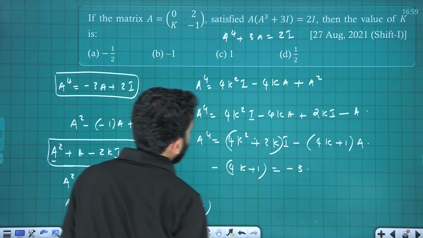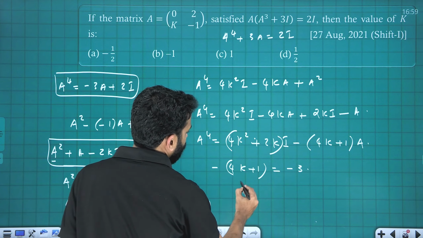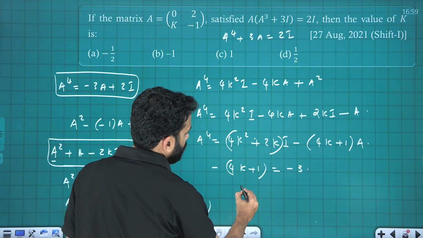Therefore, 4k plus 1 is equal to 3. If you solve it, the value will be k is equal to 1 by 2.